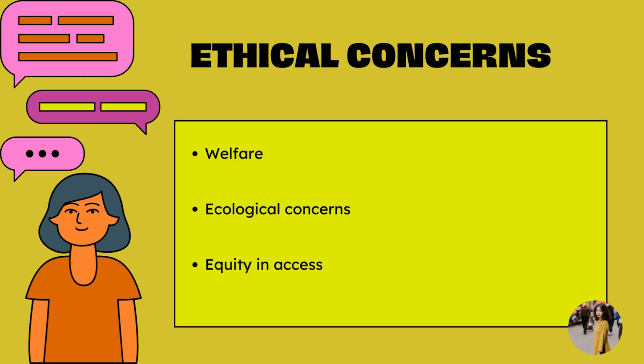And third is equity in access. Genetic modification technologies, particularly in the context of agriculture and medicine, raise questions about equitable access. There are concerns that certain communities or countries may have limited access to the benefits of genetic modification, potentially exacerbating existing social and economic disparity.